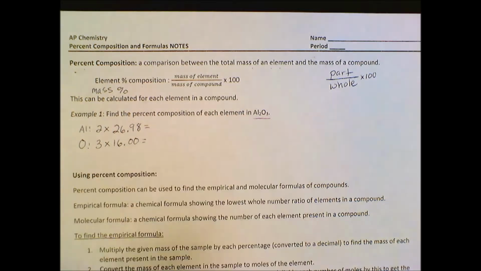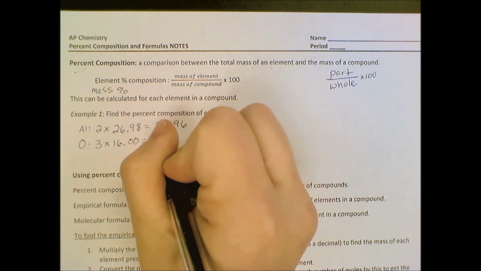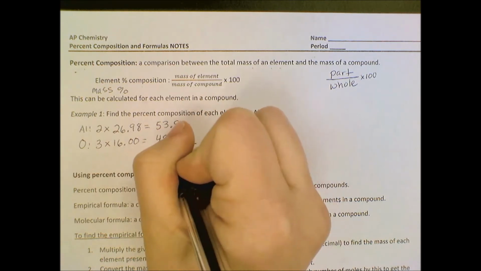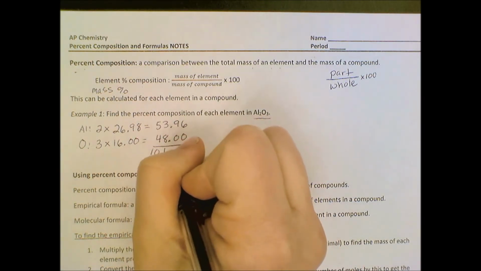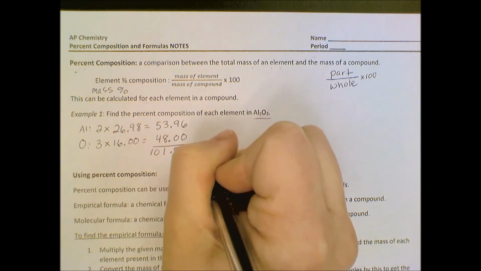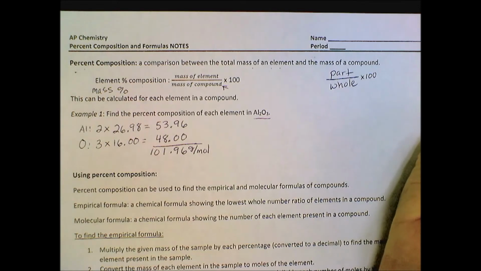So we can go ahead and multiply those values out. We end up with 53.96 and 48.00. To find our total molar mass, we just add them together, and we should get 101.96 grams per mole. So that gives us our total. That's going to be our value that goes on the bottom.